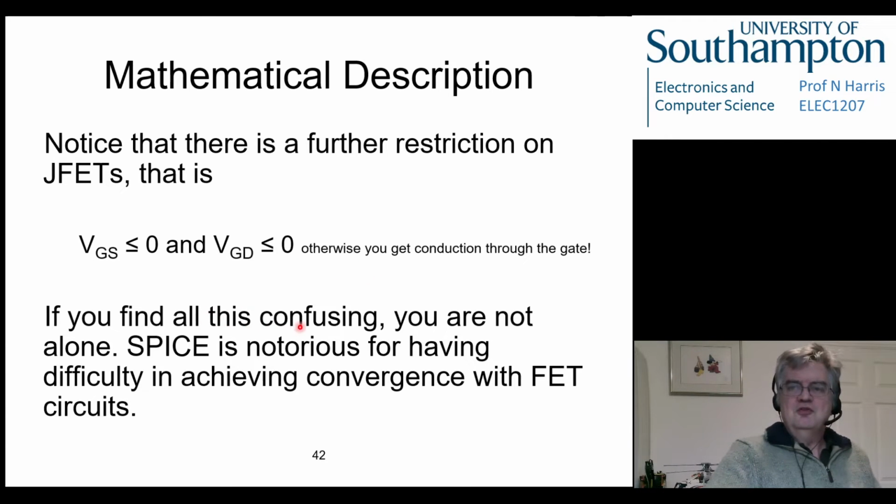So if you find this all confusing, which looks like Mr. Avishka does, you are not alone. SPICE, which is a circuit simulation package, is notorious for having difficulty in achieving convergence with FET circuits. So achieving convergence means getting an answer in sort of mathematical terms.